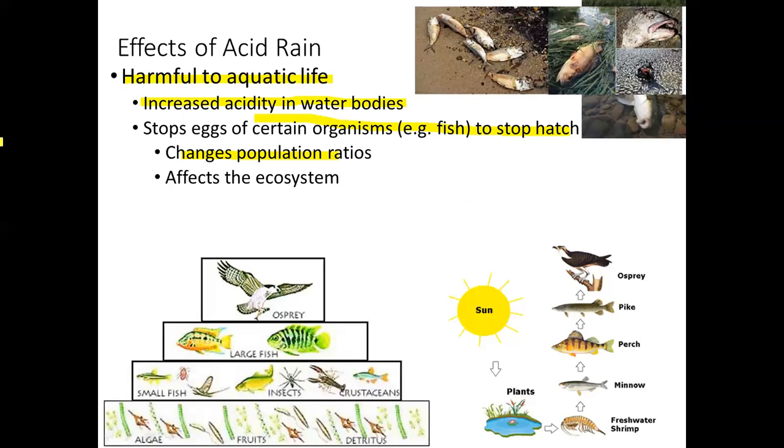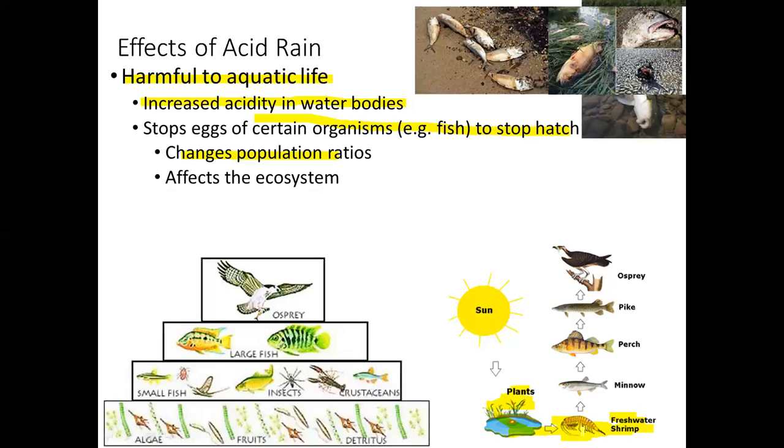So here you can see a flow pattern in an ecosystem; that's why we call it a food chain. The aquatic plants are consumed by the first consumers, and those are eaten by predators. The eggs of the small species may not be hatched due to the acidity.